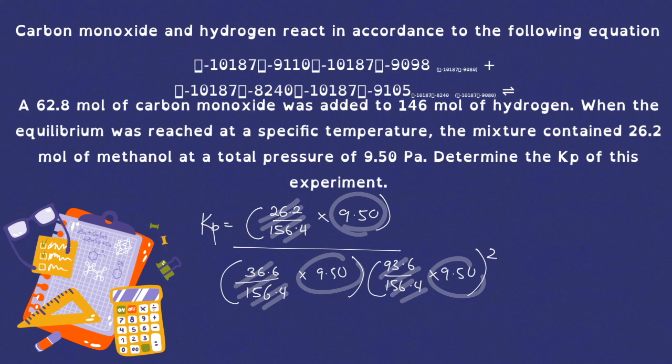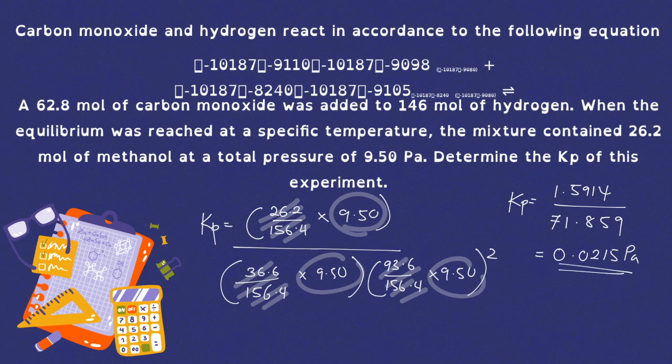So therefore, what you can get is your Kp is equivalent to 1.5914 divided by 71.859. So you will get your Kp is equivalent to 0.0215 Pascal. So this is the final answer for the 6th question.